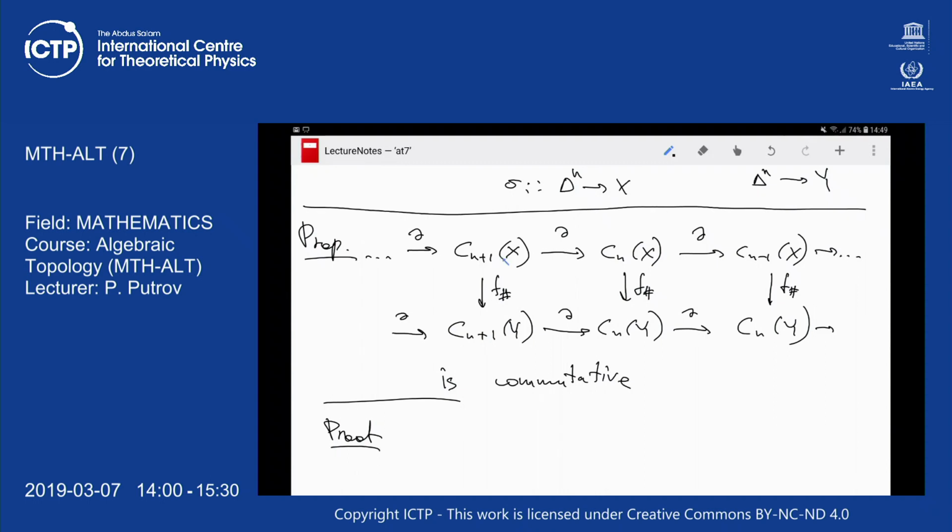So again, to show this, let us take some generator of this abelian group. Well, let me show commutativity here. It doesn't matter because it's just shifted by index. So let me show the commutativity of this square. There is a small typo in the second sequence: it should also be minus 1.